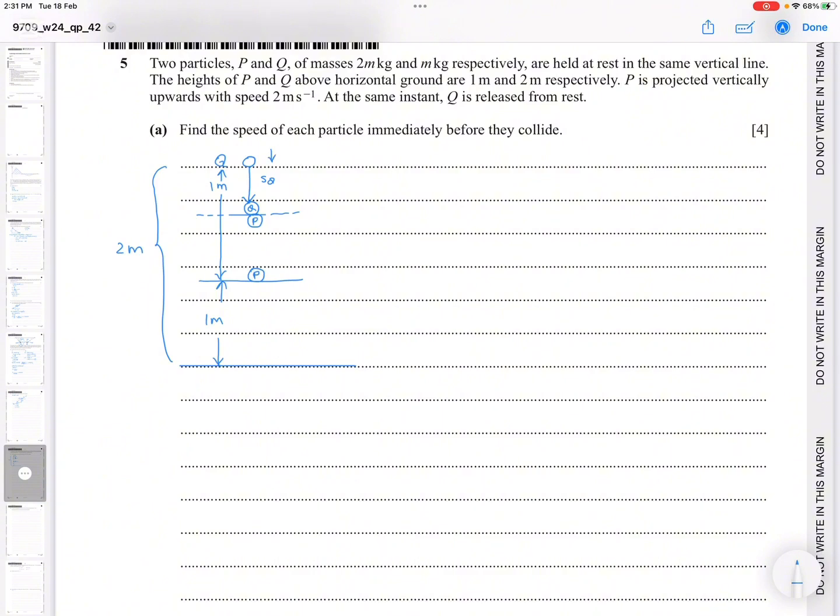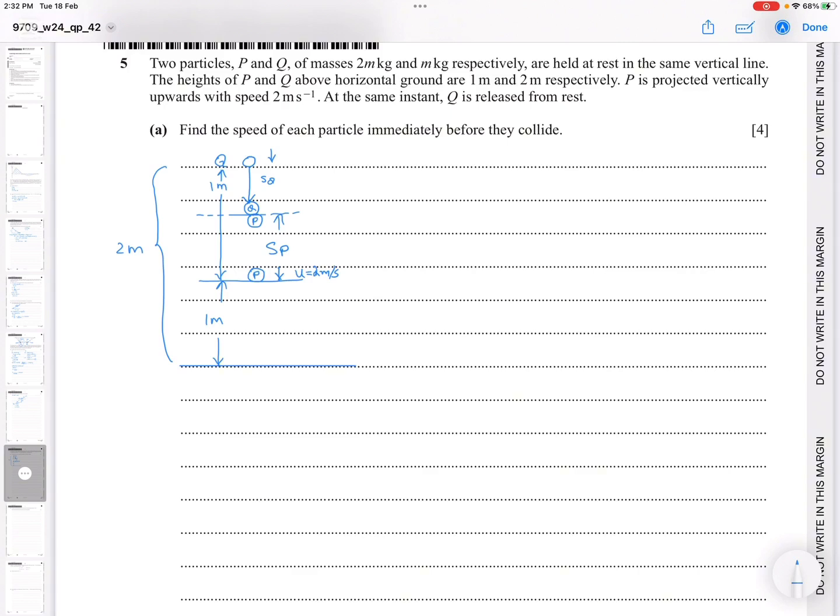So particle Q has been released downward, and this is the distance of particle P, and the initial velocity of P is given as 2 meters per second.